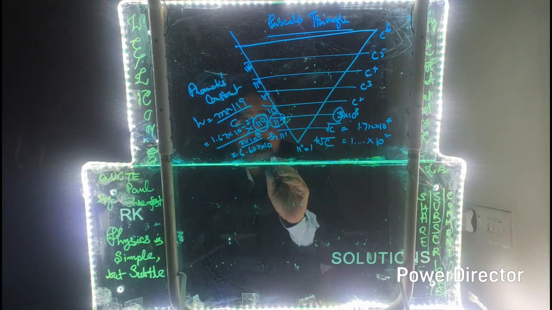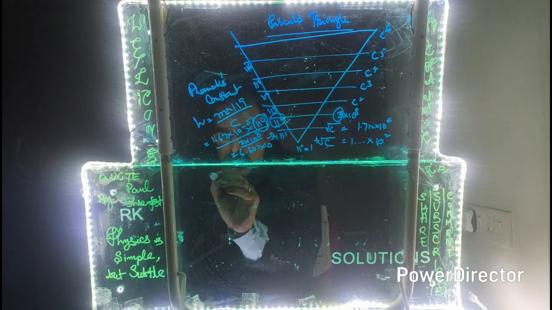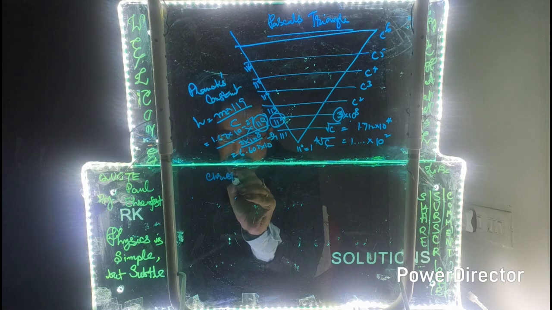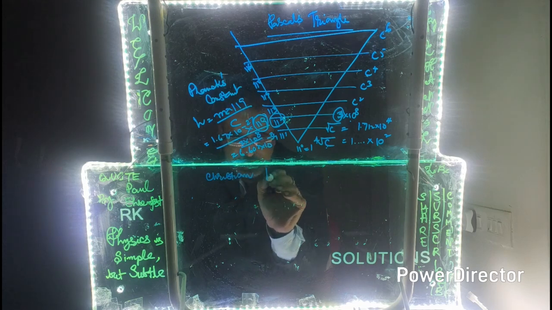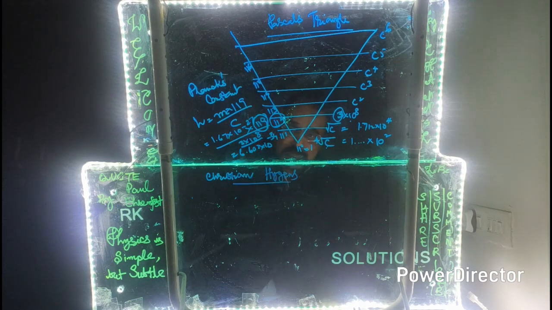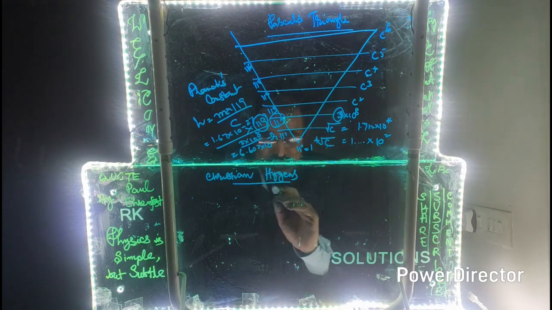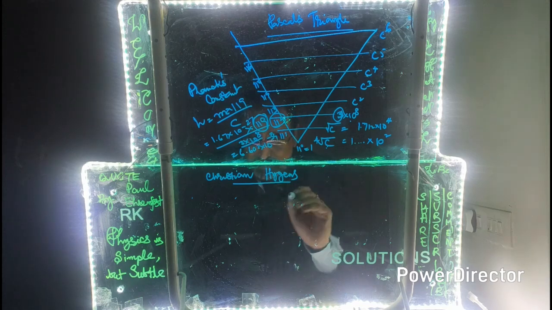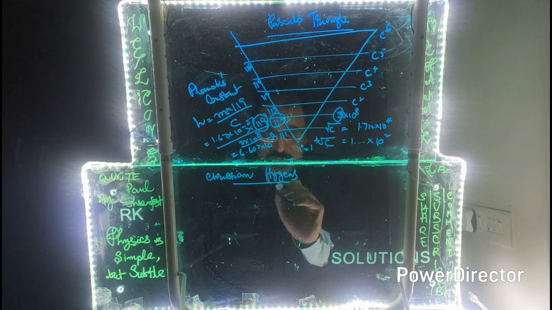And in a similar way, there was one scientist called Christian Huygens. He was a Dutch scientist. I have a connection with the Dutch because I worked there for 3 years in Amsterdam and Utrecht. So whenever I see a Dutch scientist, I feel good.